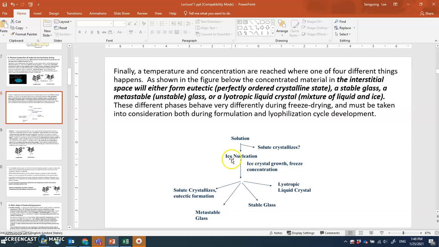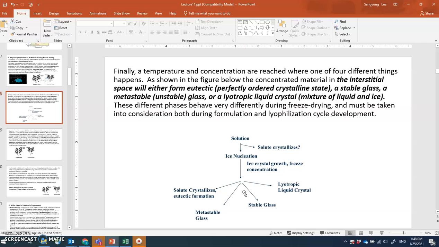So ice forms, and then what happens to your drug molecule and excipients, right? So eutectic formation is one possibility, or metastable glass condition is another possibility, or stable glass condition is another possibility, or lyotropic liquid crystal conditions.